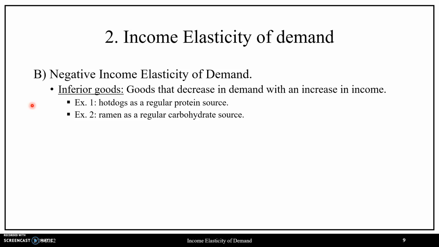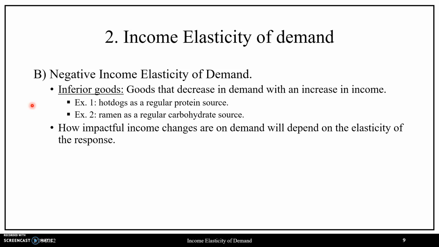But should their income increase again, then the consumer will switch away from hot dogs and ramen and return to their ground beef and brown rice bundle. Now, how impactful these changes are on demand, though, will depend on the elasticity of the response.